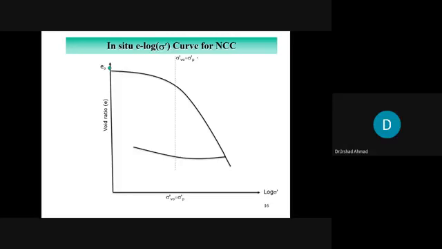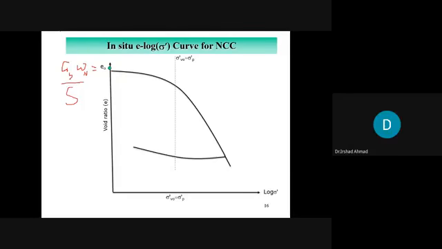You find e naught, the initial void ratio of the soil specimen, using the well-known equation: e naught equals Gs, the specific gravity of soil, times the moisture content w, divided by the degree of saturation S. If the degree of saturation is assumed to be 100%, e naught would be just Gs times the natural moisture content wn, since S equals 1. We would do an example where you will know it.